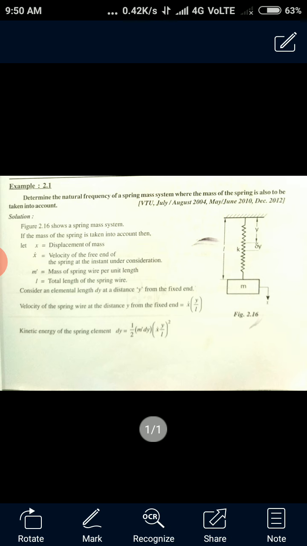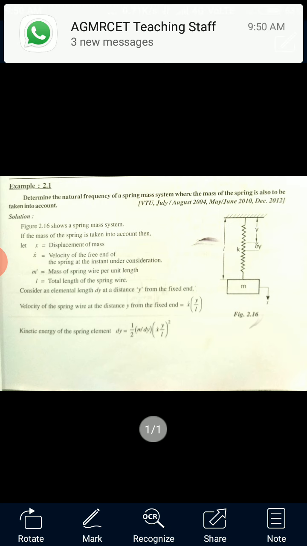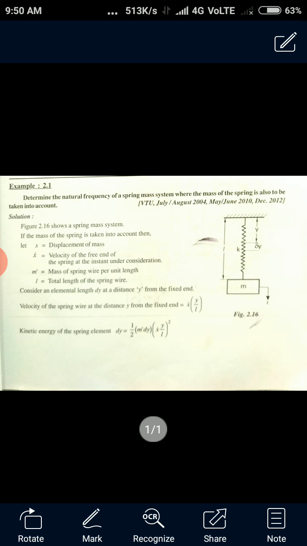To derive the equation of motion as well as the natural frequency of the system, we are going to use the energy method here. As per the energy method, the total energy of the system is constant. The total energy of the system is the sum of kinetic energy and the potential energy.